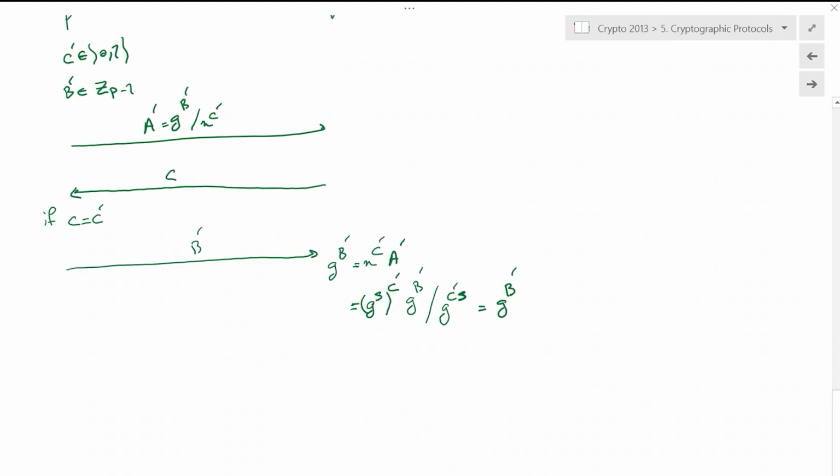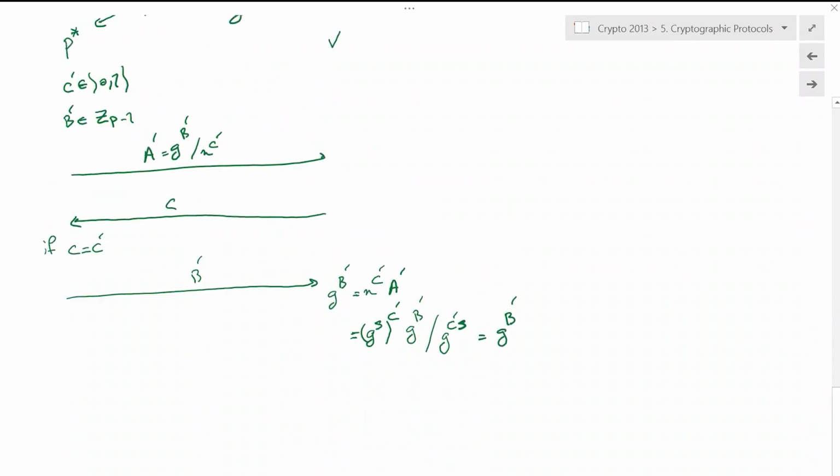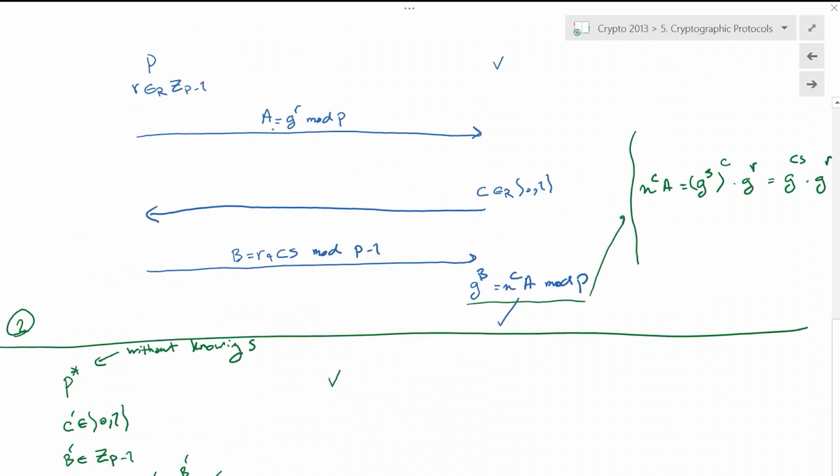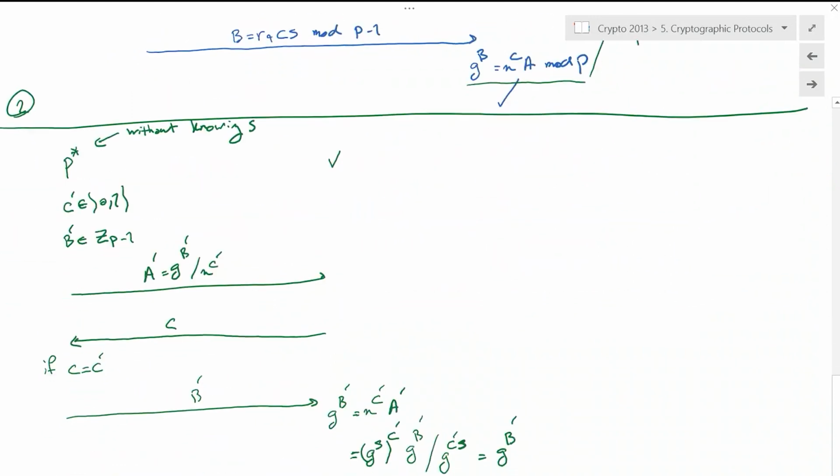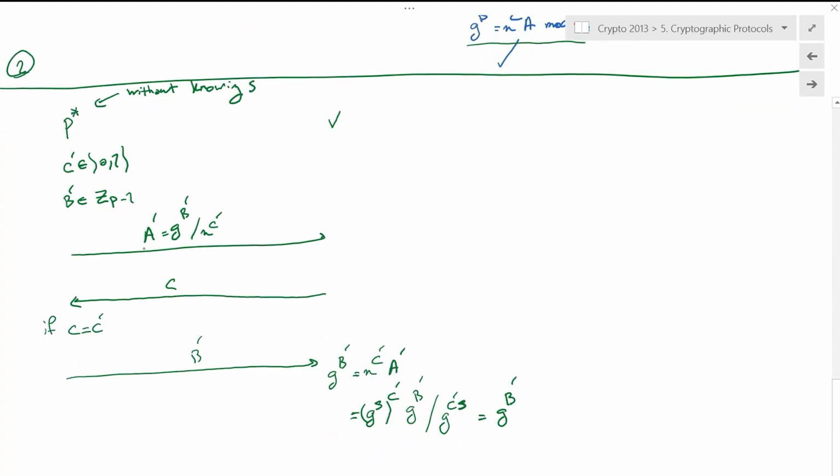And therefore, this whole thing would become G to the power B prime. So basically what we are trying to do is, in a normal protocol, we compute A and then we receive a challenge, and then based on the challenge that we receive and the randomness we choose over here, we compute B. But when we want to cheat, we guess what challenge we would receive from the verifier, and then we also set B to be a random value, and then we compute A to be like this value.